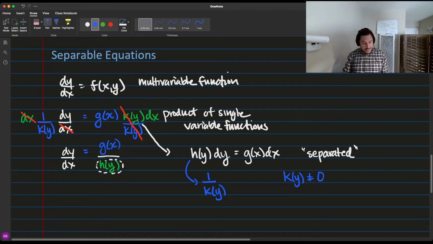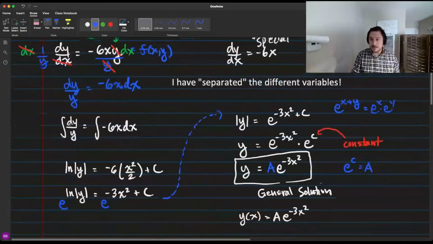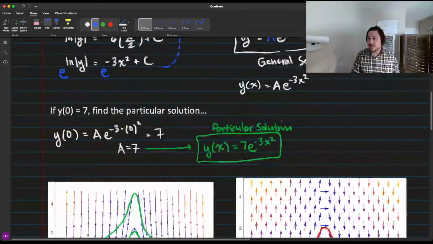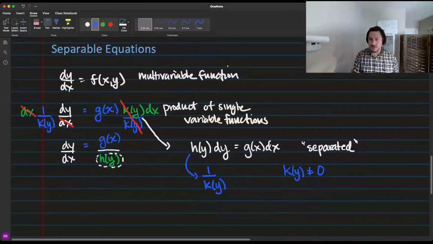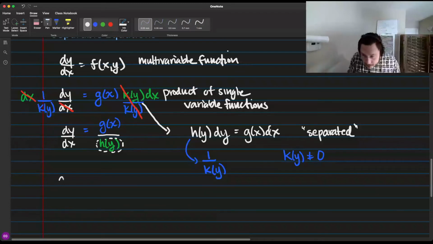Hopefully it's making sense that in particular cases it won't work. Let's go back to our previous example, where we had dy/dx equals minus 6xy.